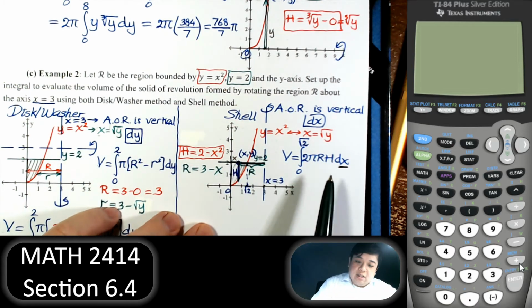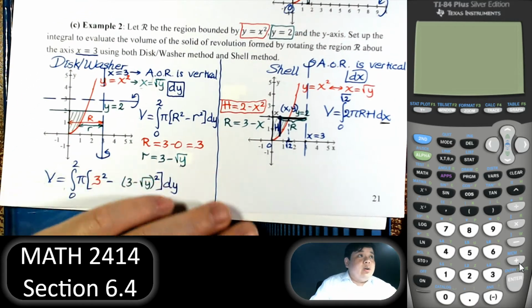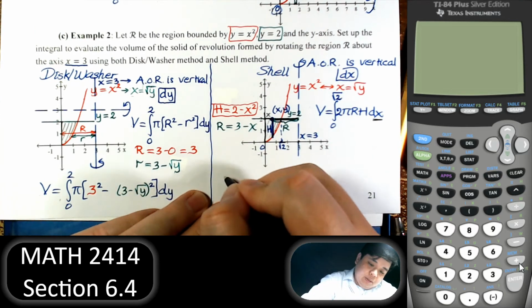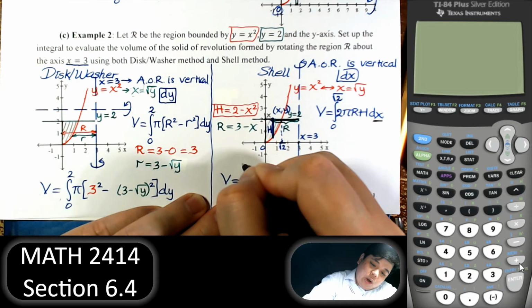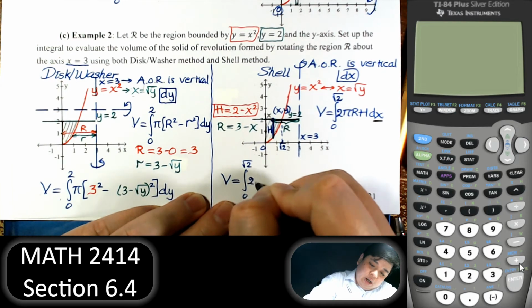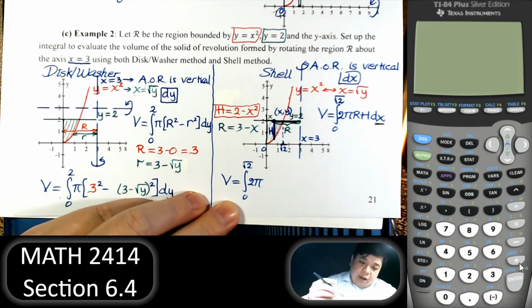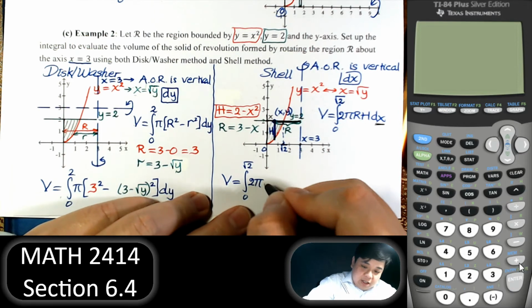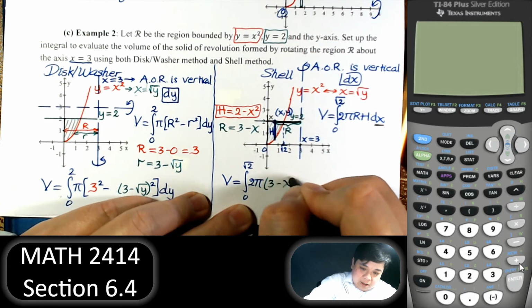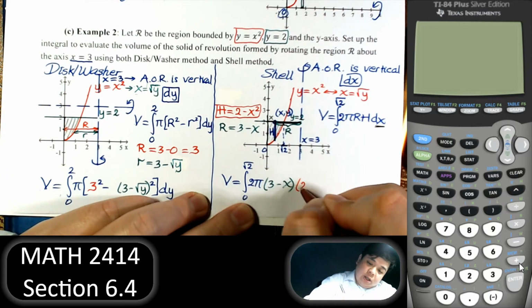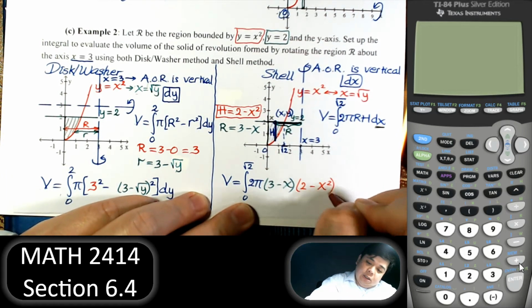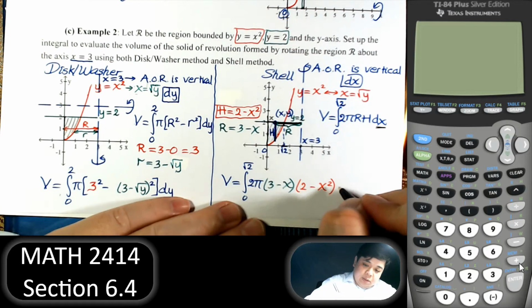And we're going to put that into the integral. 0 to square root of 2, pi r, where r is 3 minus x, and h is 2 minus x squared, and dx.